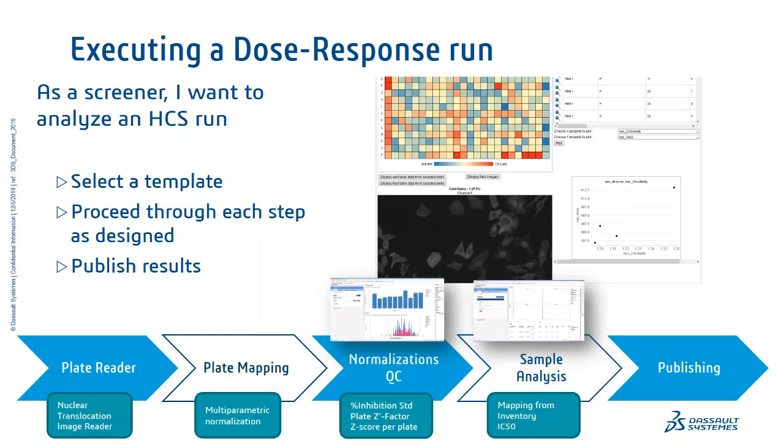So here, for example, I would just have to run my data through my plate reader, which would be a nuclear translocation image reader, for example, that will turn images into actionable data. Move that after plate mapping, on which I will also perform some multiparametric normalizations.